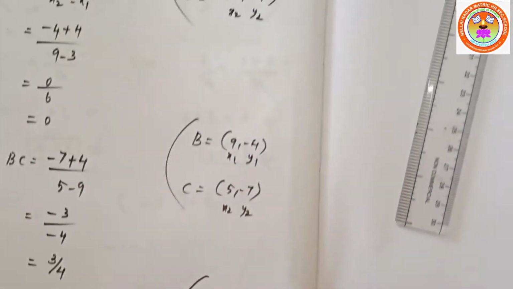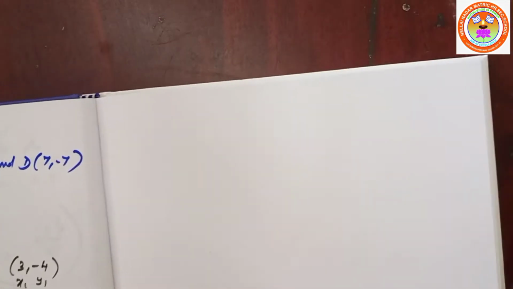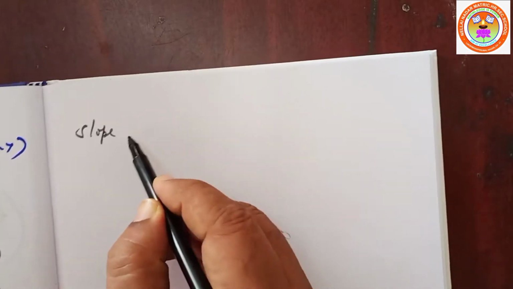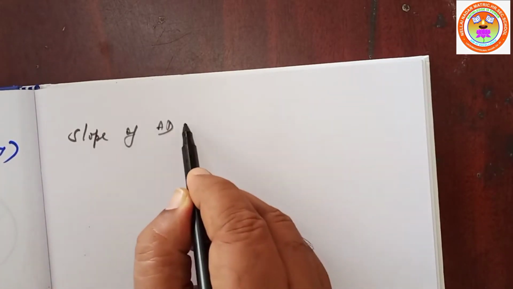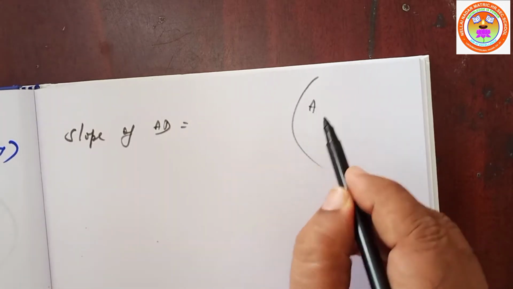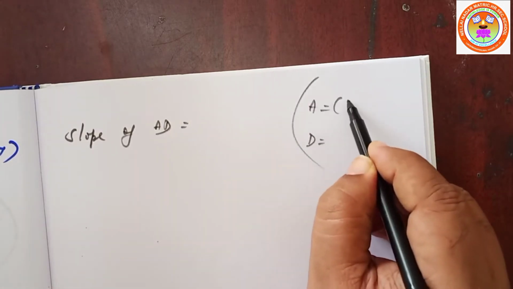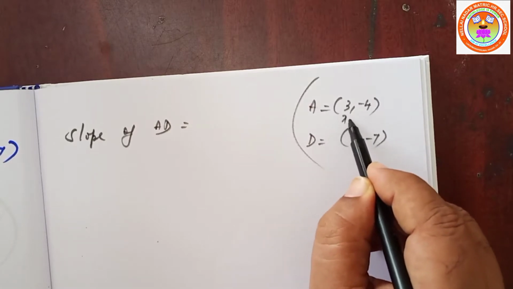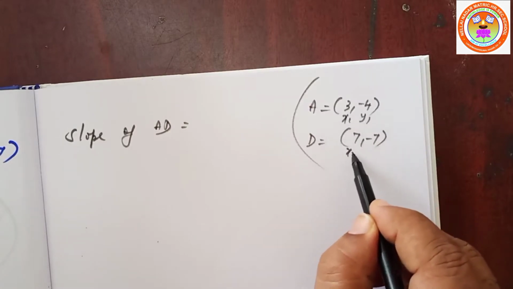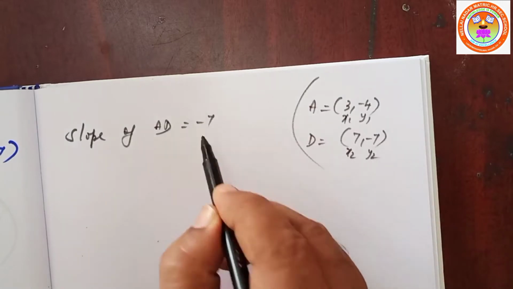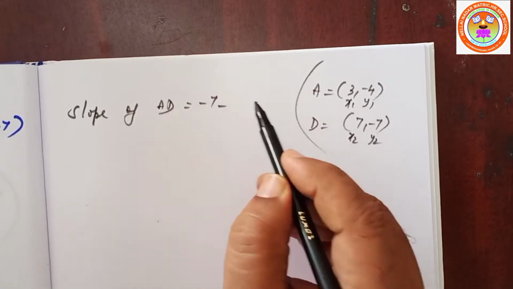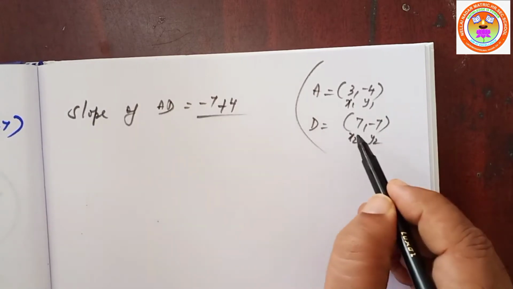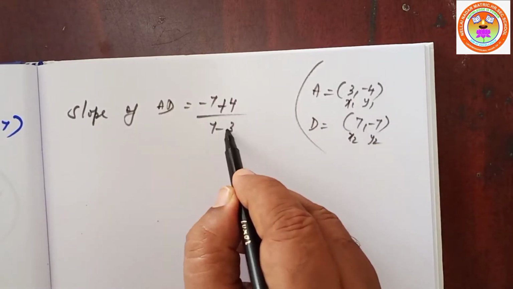Finally, slope of AD. Write the points A and D here. A is (3, -4), D is (7, -7), x1, y1, x2, y2. y2 is minus 7, minus y1, here minus 4, minus into minus plus 4, divided by x2 minus x1, 7 minus 3.